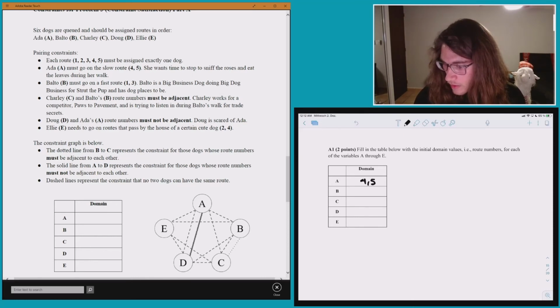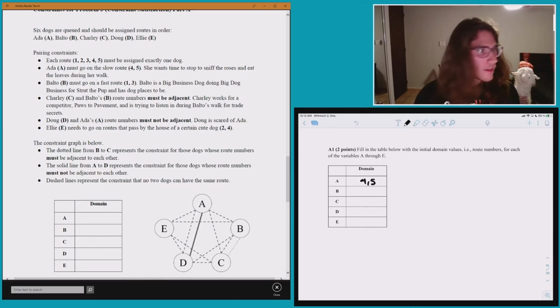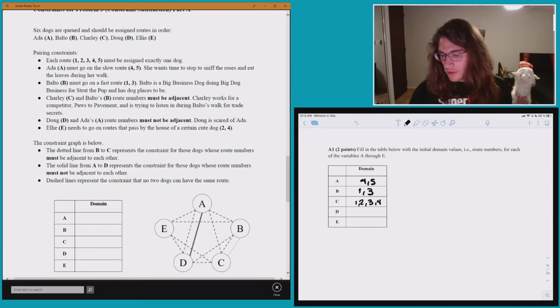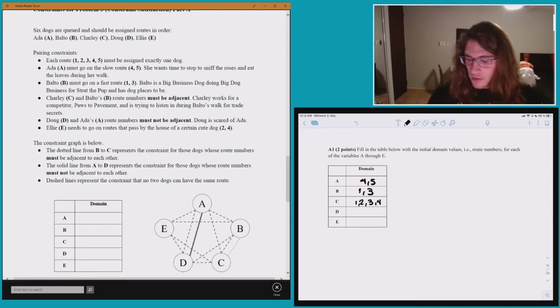So 4, 5, and then it says that Balto must go on a fast route, so 1, 3, and Charlie and Balto's routes must be adjacent, so Charlie must be either 1 or 2 or 3 or 4, because those are the only possible values that would be adjacent to B. And then D, it cannot be adjacent, which means it can't be 5, it can't be 4, and perhaps it can be 3, perhaps not, so maybe it's 3.